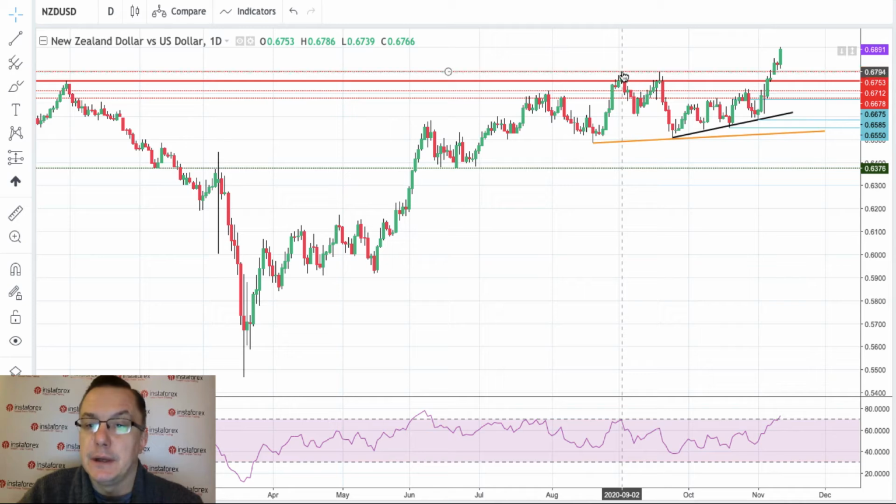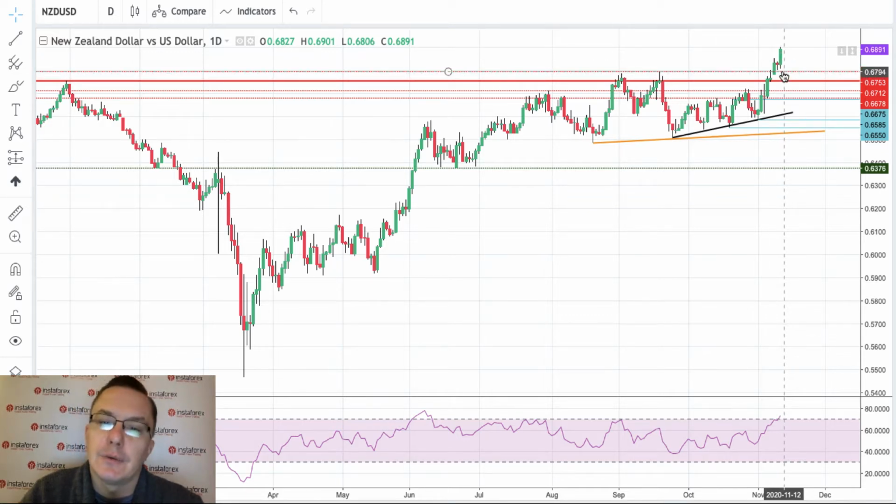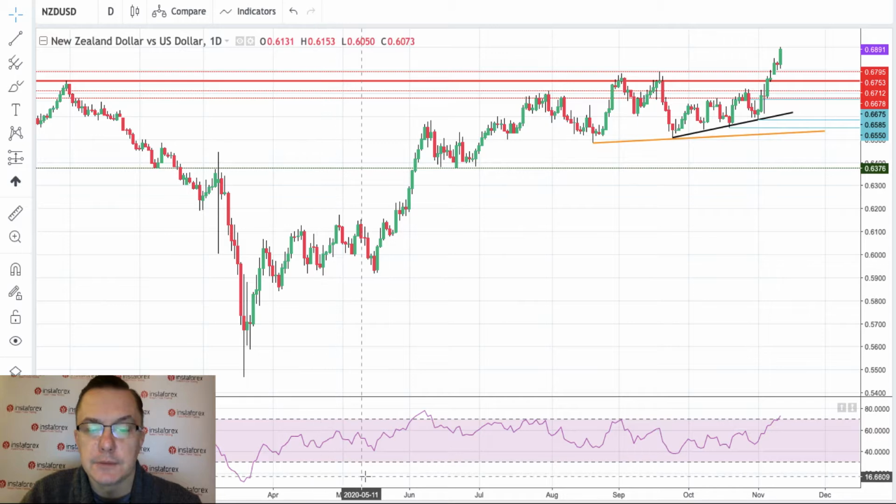These two very interesting candles had a top at 6,794. The last high was made at the level of 6,901, so it's already over 120 pips above the last level of resistance. So right now it will act as a support, of course.